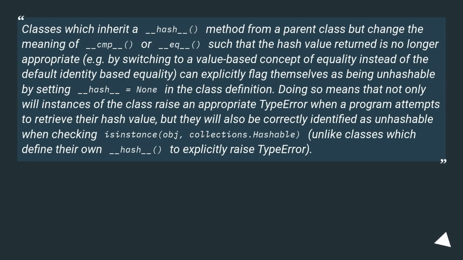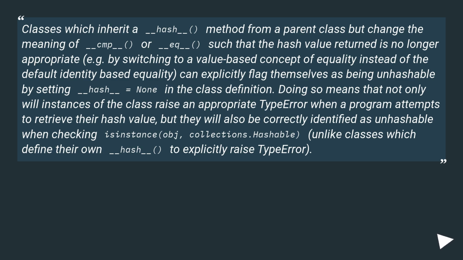Classes which inherit a __hash__ method from a parent class but change the meaning of __cmp__ or __eq__, such that the hash value returned is no longer appropriate, for example by switching to a value-based concept of equality instead of the default identity-based equality, can explicitly flag themselves as being unhashable by setting __hash__ = None in the class definition.